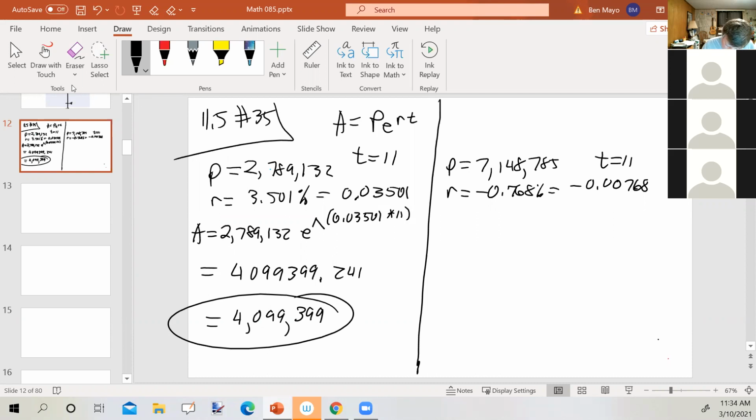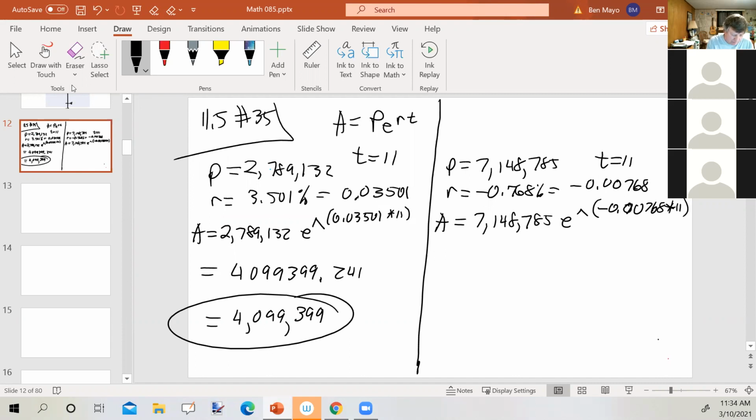7,148,785 e to the negative 0.00768 times 11 power. I was looking at the wrong number there.